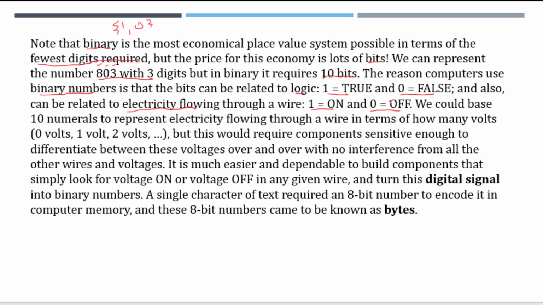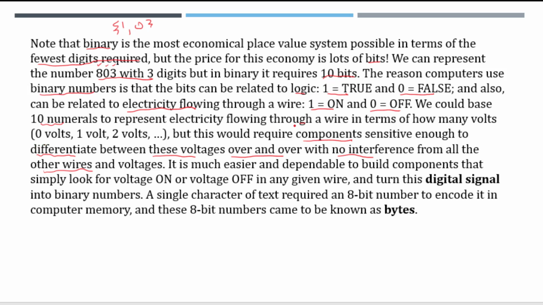If it's off, it's off. We could use base 10 numerals to represent electricity flowing through a wire, but the problem is it would require components sensitive enough to differentiate between these different voltages over and over and over again with no interference from all the other wires and voltages. So that would be tough. It could be done, but it would be tough.